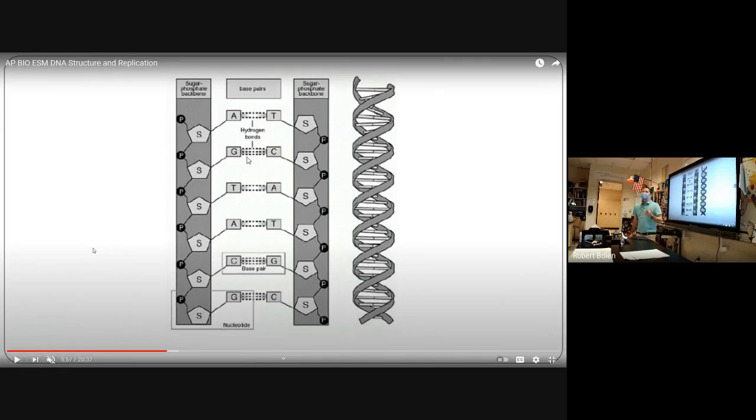So if DNA has a lot of CG interactions, what does that do in terms of its stability? More stable. Yeah, more stable, right? It's more heat resistant. So a lot of bacteria that live in hot springs or hot environments, they notice that they have a lot more CG bond interactions, which makes their DNA a little bit more stable, a little bit more heat resistant, right? When you heat DNA up, all it does is it separates. And then when you cool it, it comes right back together again.